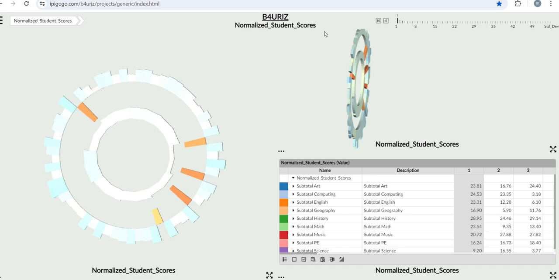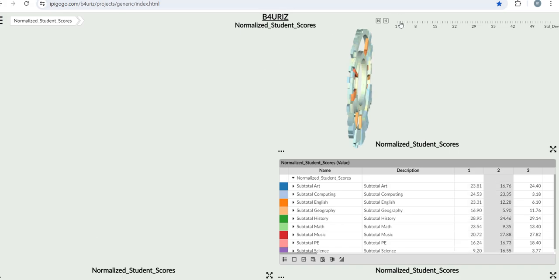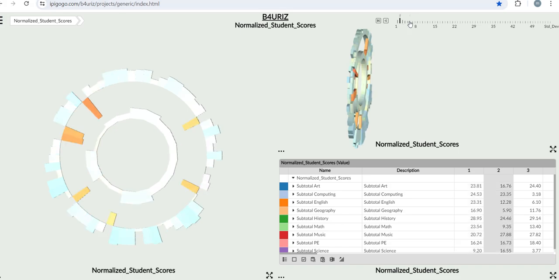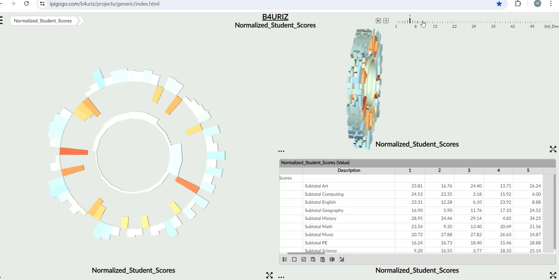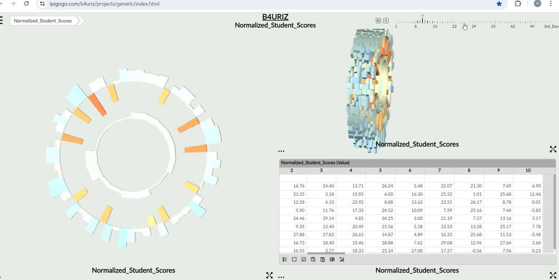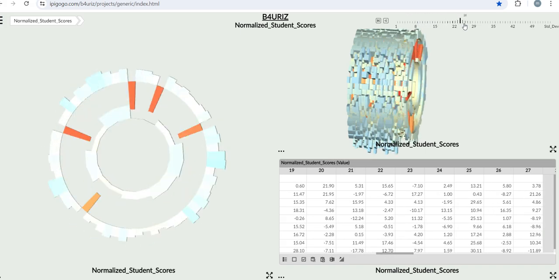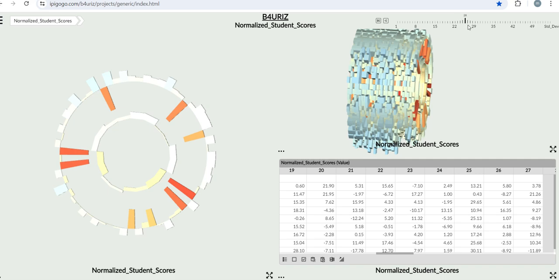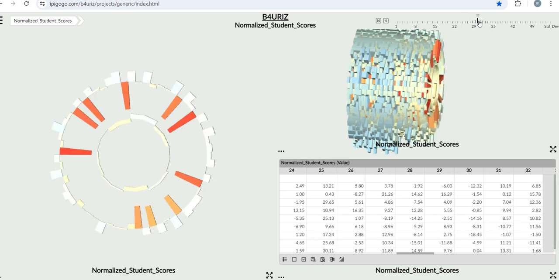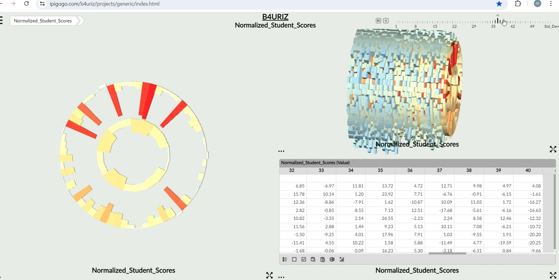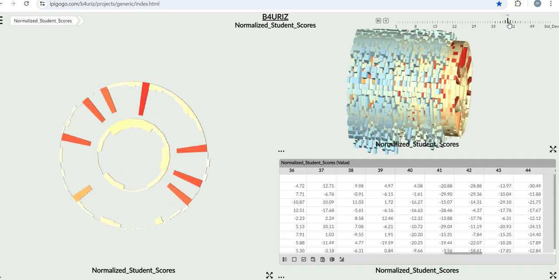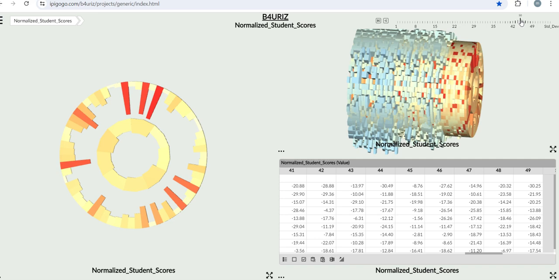So the outer boundary now is positive, indicating the qualitative nature of the student relative to the subject matters. And if we go further, there we're at 20, we're really starting to come into the zone of the average student. You can see the increasing proportions of mid, and now we are at the negative side of the equation, so to speak, where the students are not performing at all well.